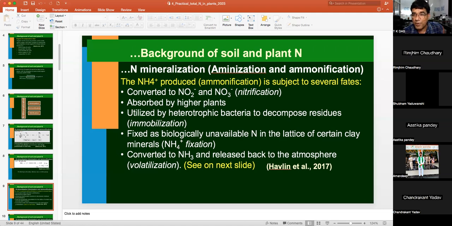So remember, potassium fixation means entry of potassium ions into clay micelle or its interspaces in the clay minerals. Potassium enters, then potassium fixation; ammonium enters, then ammonium fixation.